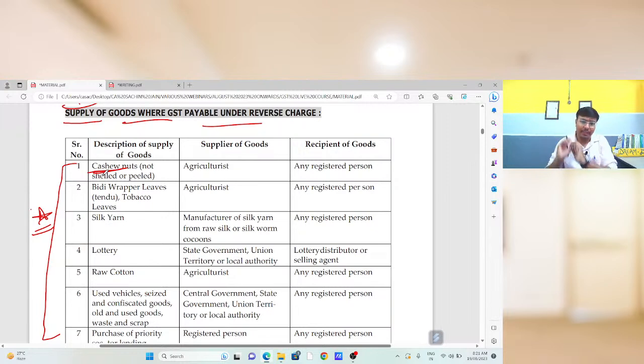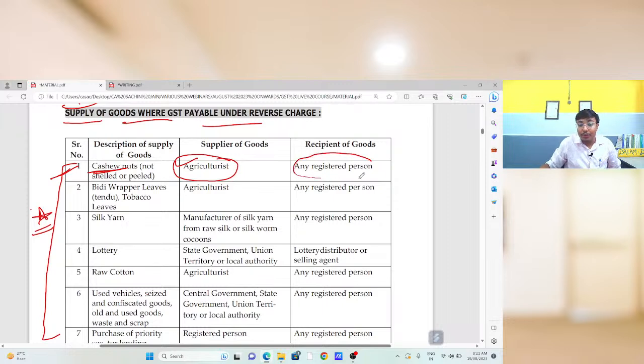What is the logic of this? In maximum cases, the supplier of cashew nuts will be an agriculturalist. So the government wants that agriculturalists should be out of the ambit of GST. Hence, they made this provision that in case of supply of cashew nuts, the agriculturalist is not liable to make the payment of taxes.